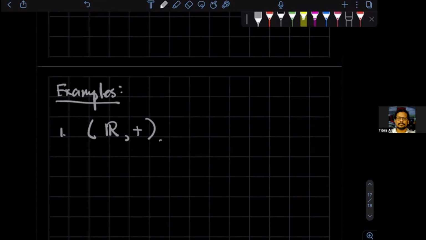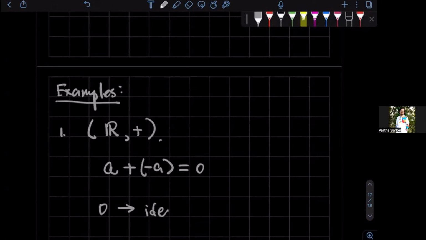So for example, if A is an element, what is the inverse of A? Minus A. Right. So that means that 0 is the identity element. Very good.